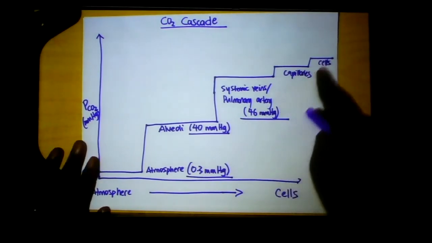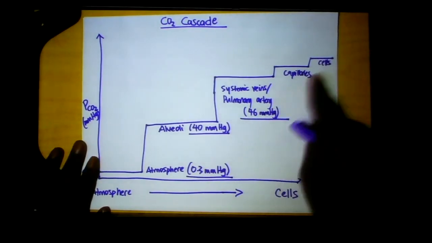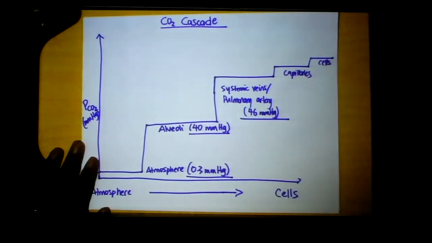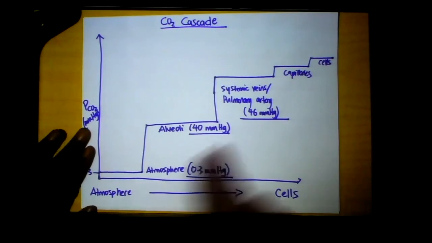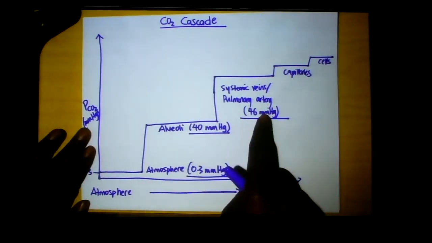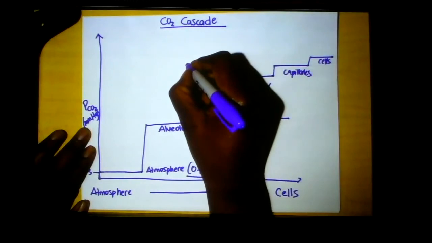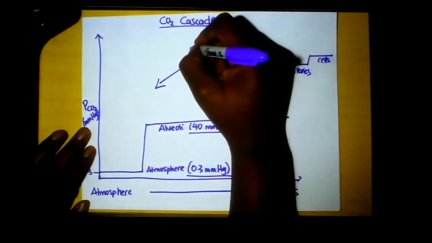And the increase here is much smaller. It's going to be a little bit more minimal between the cells and the capillaries. Okay, and so what we see here is a gradient in this direction, right? From 46 down to 0.3. And so this is the diffusion gradient of CO2.